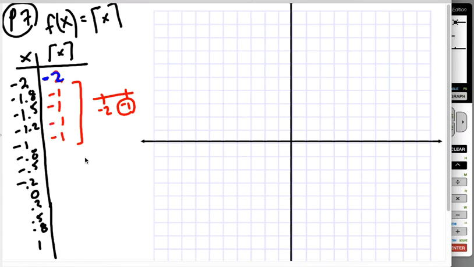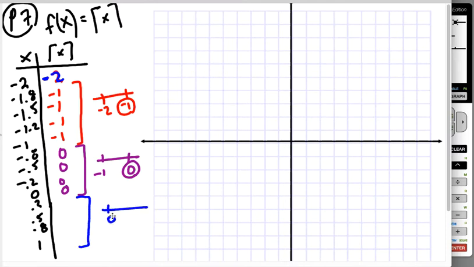But then in the next section, right, if you picture the numbers from -0.8 to 0, they all live between -1 and 0, meaning they're all going to round up to 0. So these guys are all zeros. And then if you picture the numbers from 0.2 to 1, they all live between 0 and 1. Since this is the round up function, they're all going to round up to 1s.